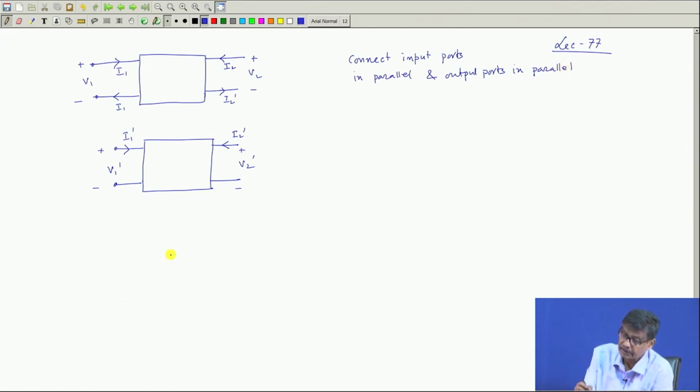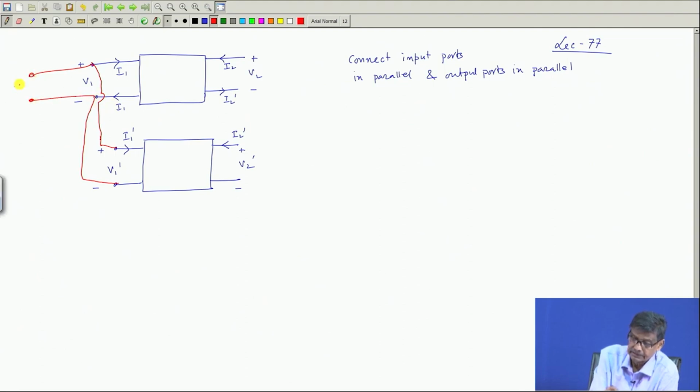So that means I take a piece of wire, I connect this point with this, and I connect this point with this, and obviously I can connect these two in parallel.